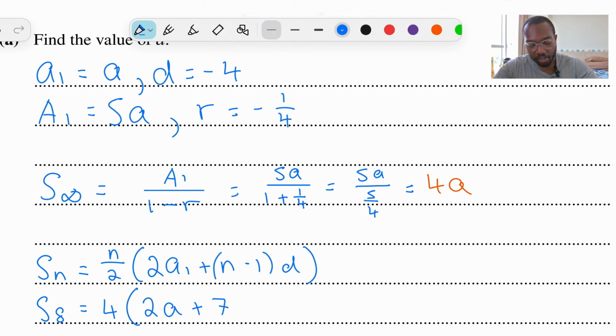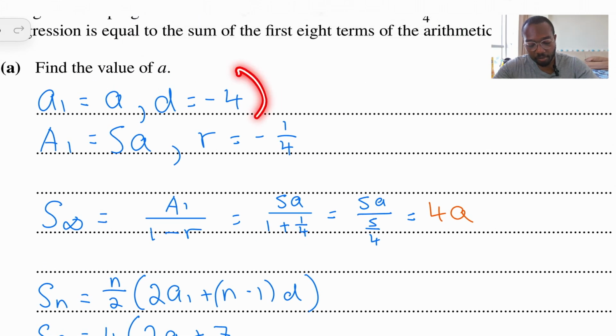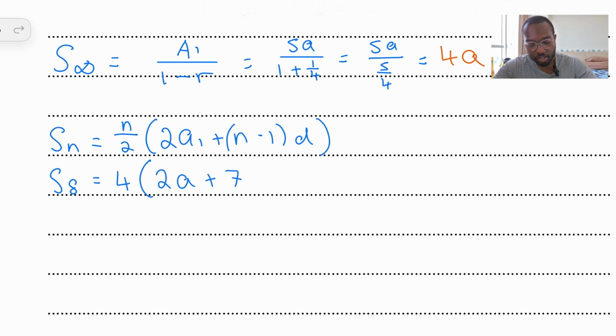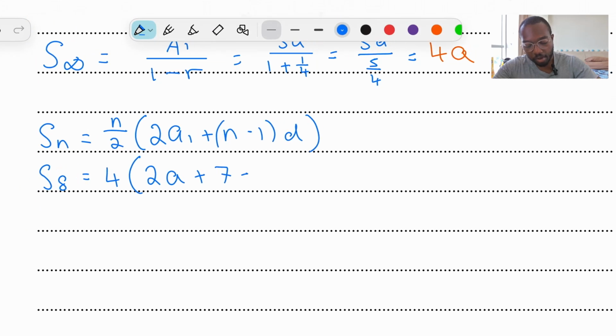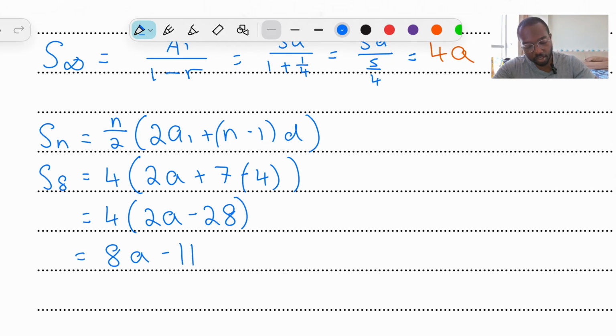And what was our d value? Our d value was minus 4 here, so it's times minus 4. So that would be 4 times 2a minus 28, and then that would give us 8a minus 112.